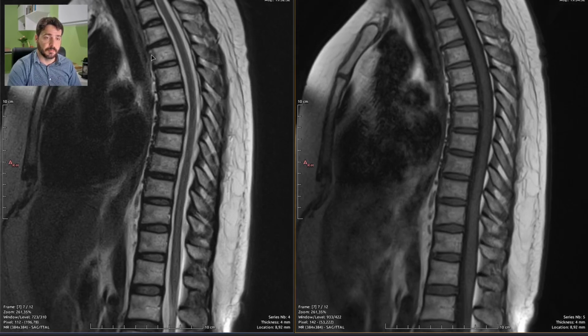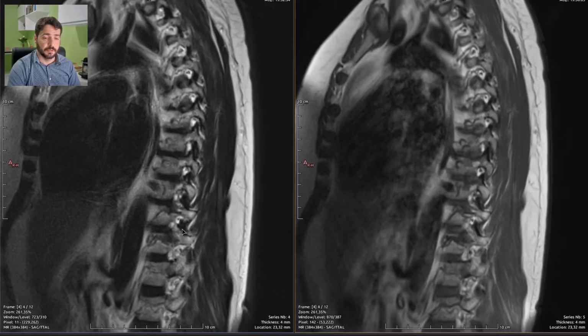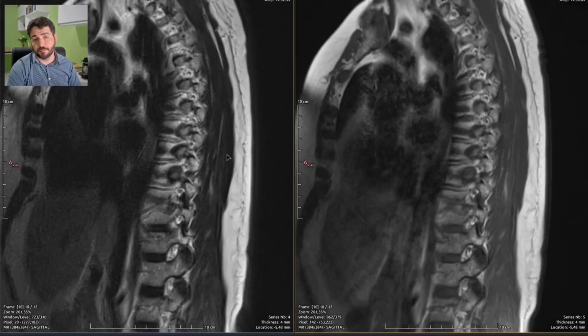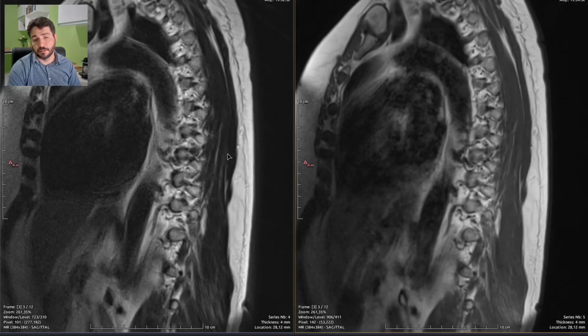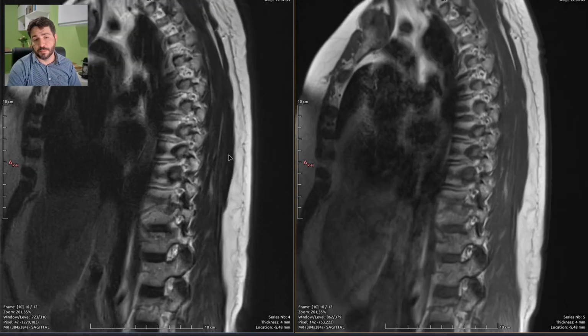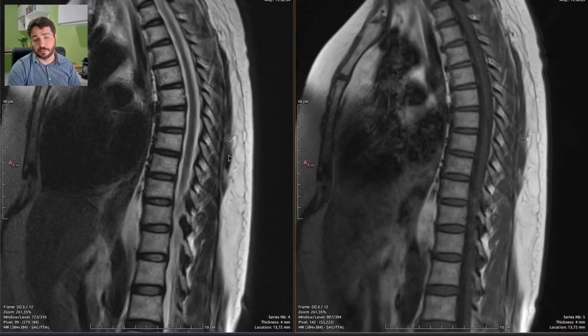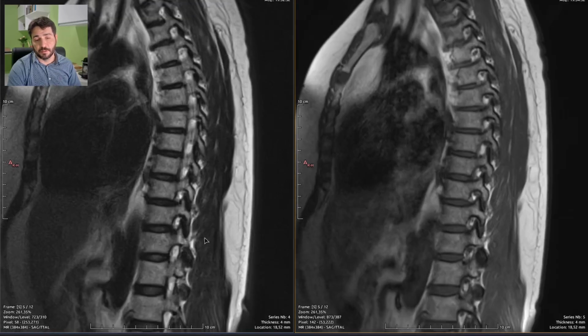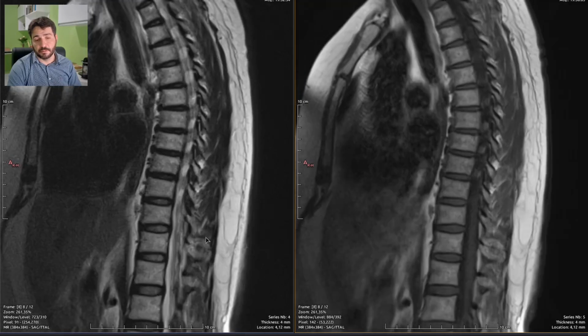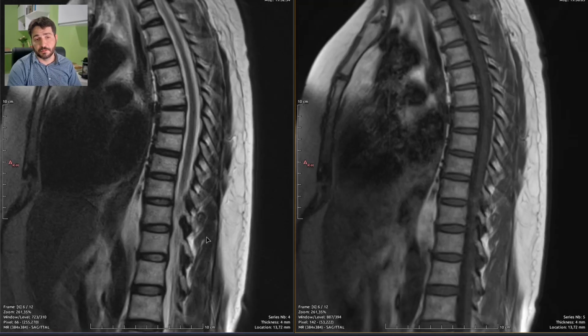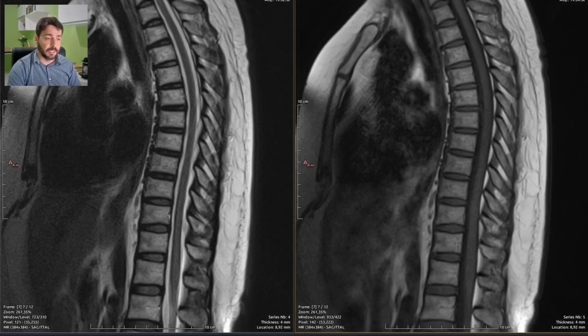There are some tiny osteophytes, anterior and lateral osteophytes. Also, these facet joints are a bit hypertrophied, sclerotic, and do present with irregular contours, which translates into mild arthrosis.